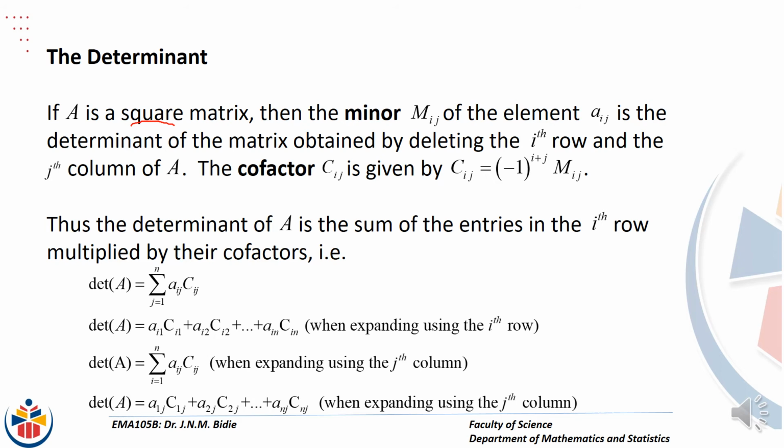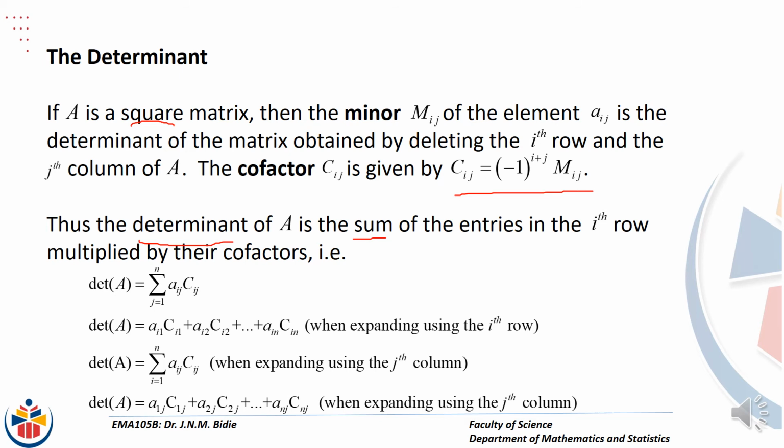Then the cofactor Cij corresponding to that minor Mij is given by the formula -1 to the power i plus j times Mij. Therefore, the determinant is then given by the entries of a row multiplied by their cofactors, and you sum them up.